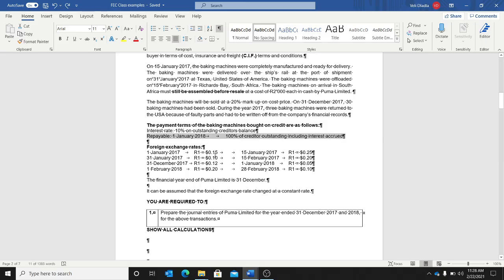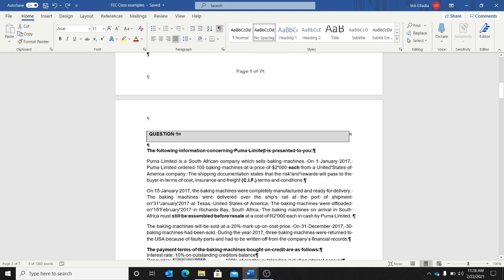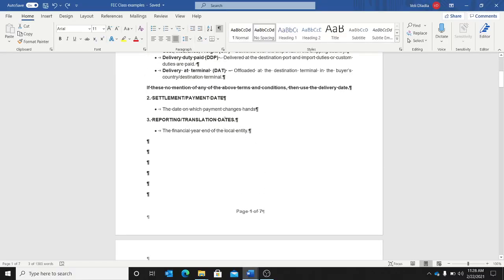Now, here is this thing that I was telling you. 31 December, which is this one, will come before the payment, which is this one. So, in this exercise, this one is number 2.